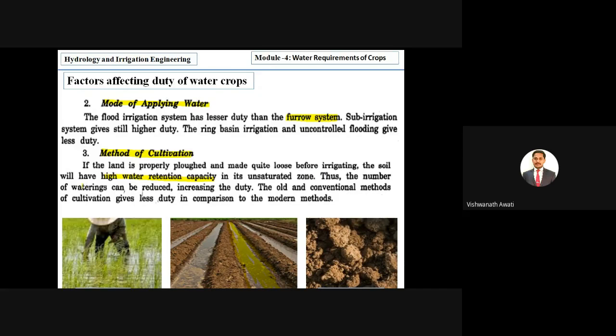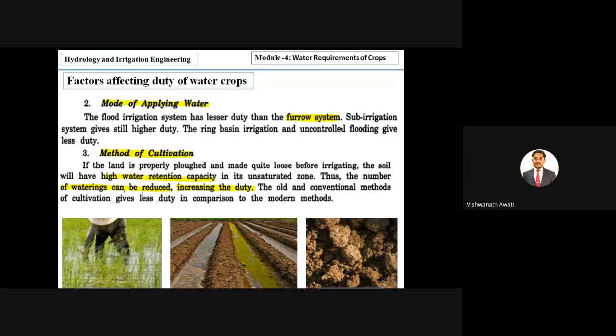Thus, the number of waterings can be reduced, which means there is a saving of water and it increases the duty, right? Whenever we decrease the use of water and cover more area, then definitely it gives higher duty. The old and conventional methods of cultivation give lesser duty in comparison to the modern methods, right?